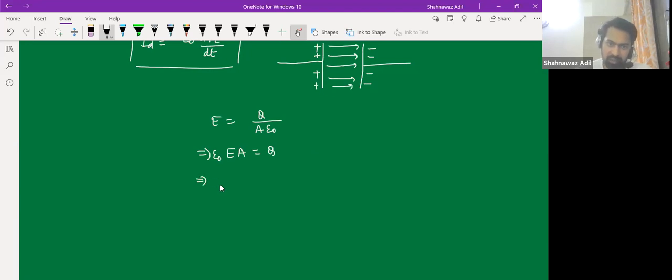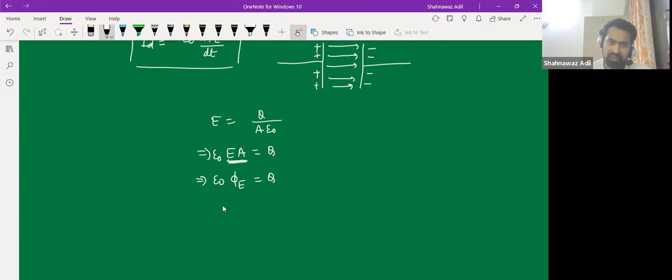Before that, what is EA? Electric field into the area. So electric field lines passing normally through the area. What is that? Flux, right? So this is electric flux and this is Q.